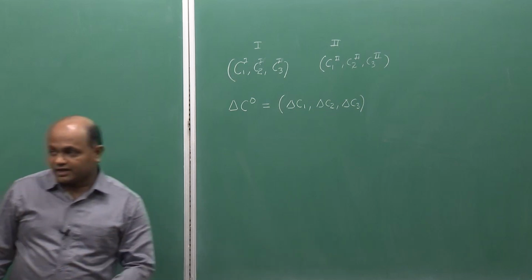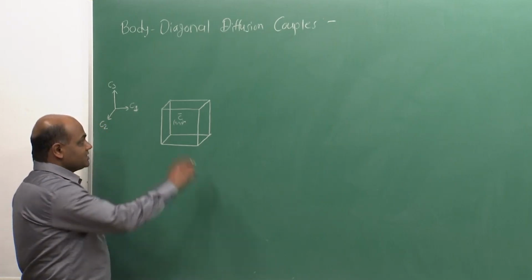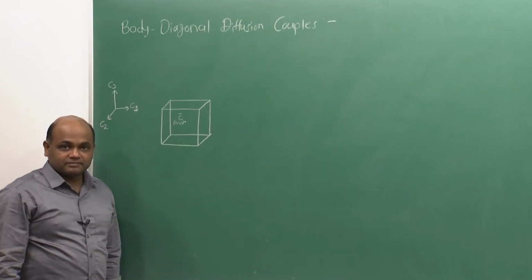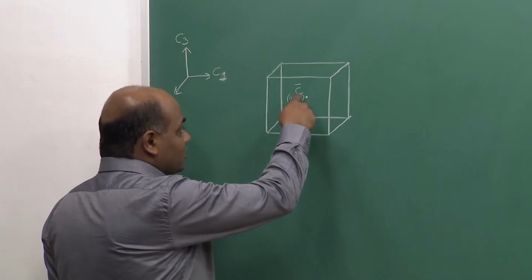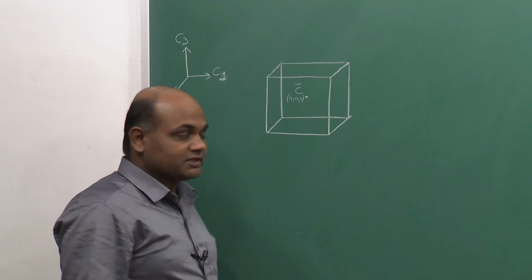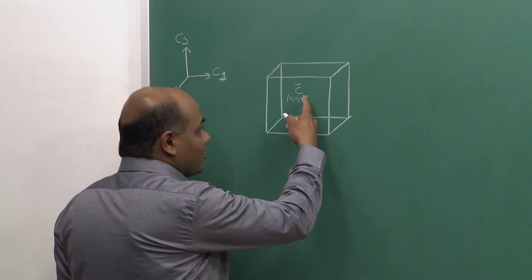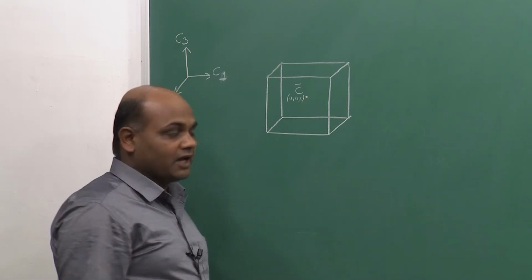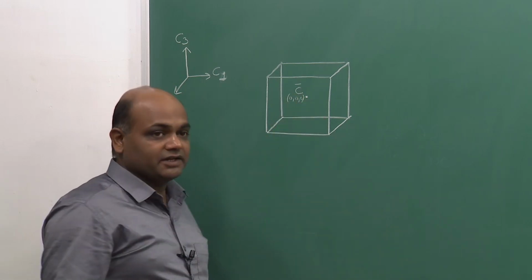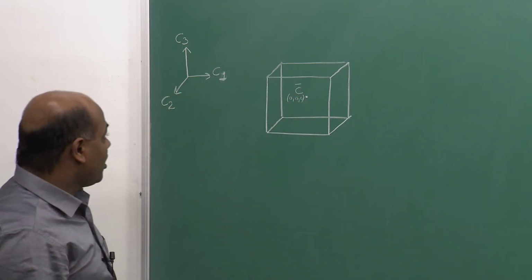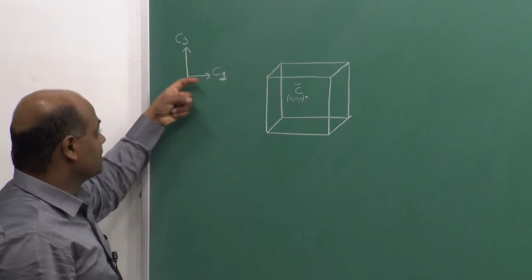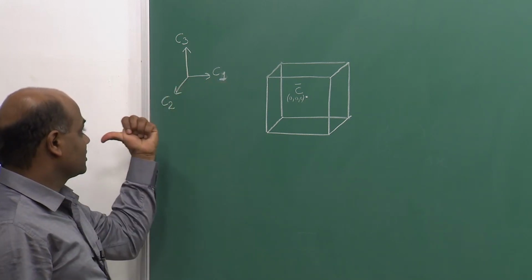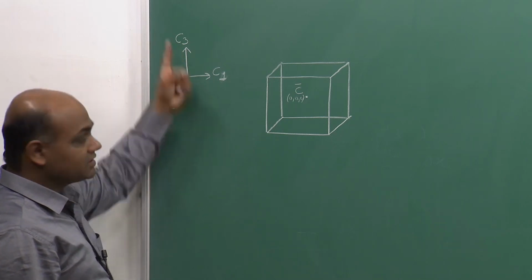Now, consider a composition C bar and imagine a cube around this composition C bar, such that C bar is at the body center of this cube, and this cube is drawn in a 3D composition space of C1, C2 and C3. So, the C1 axis is this one, C2 is coming out of the board and C3 is this one.